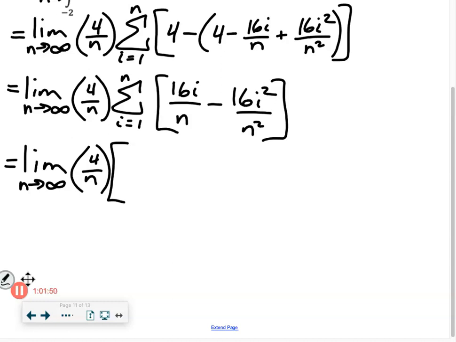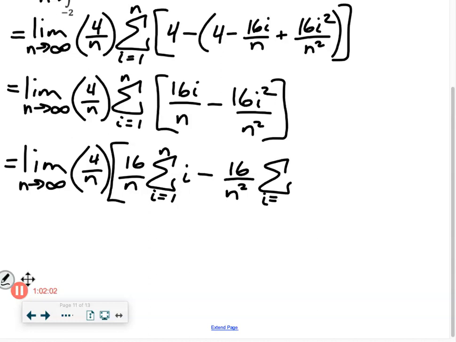So I would write this as 16 over n times the sum as i goes from 1 to n of i, minus 16 over n squared times the sum as i goes from 1 to n of i squared. So you're just putting the constants in front and splitting up your sum, all in one fell swoop.